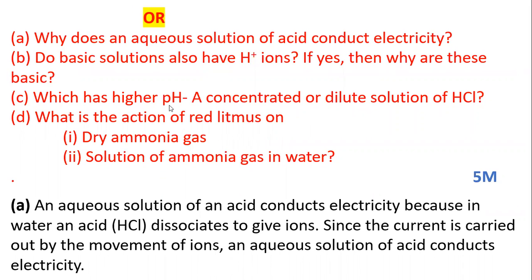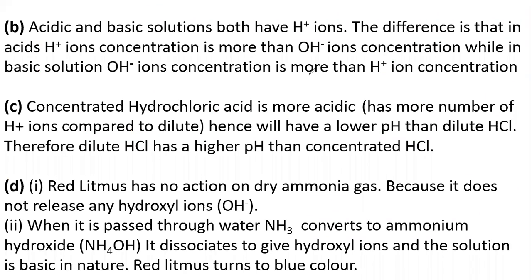Which has higher pH, a concentrated or a diluted solution of HCl? Diluted solution of HCl, we'll see. What is pH? How do we measure pH? Of course, with the help of a pH scale.